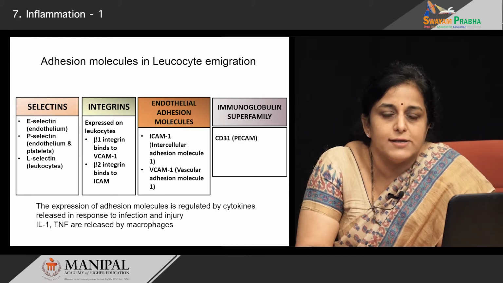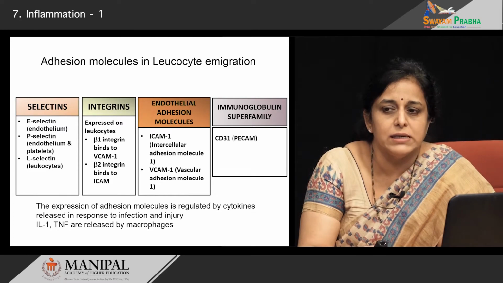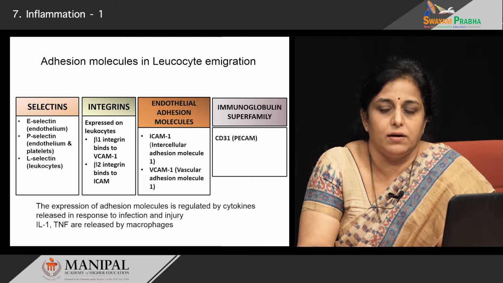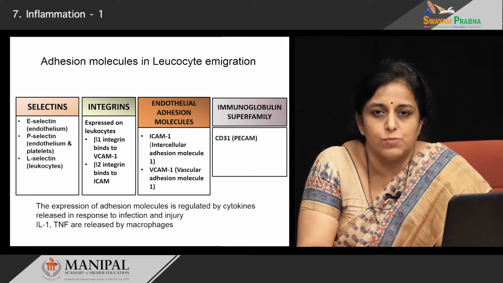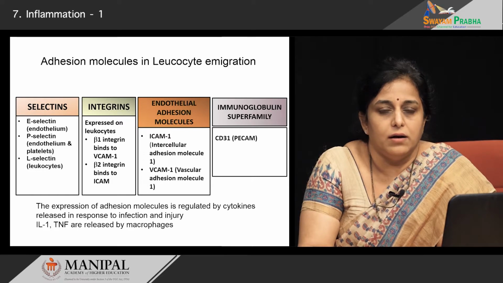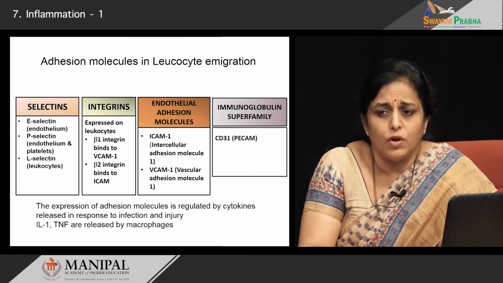Now, what causes the expression of these adhesion molecules, whether on endothelial cells or leukocytes? It's cytokines. We will learn about cytokines in a subsequent class, but cytokines, as the name says, cyto is cells. They are certain substances released by cells, for example macrophages and other leukocytes, which cause the expression of adhesion molecules on endothelial cells and also leukocytes.